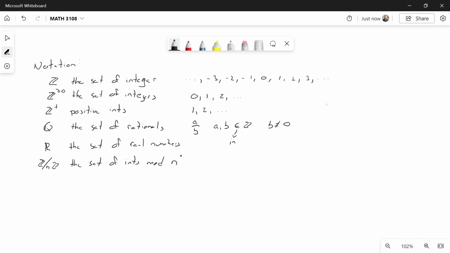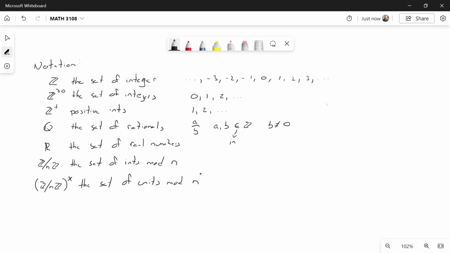We will define this more formally next lesson. And we also have Z mod nZ with an x on the top, and this is the set of units, which again, we'll define when we get to that, but just again, remembering the notation at this point. So the set of units mod n.